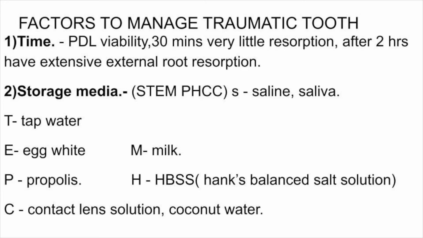Milk is the best storage media due to its near pH of 6.5 to 6.8 and osmolality, which is conducive for cell survival. Physiological saline and saliva are the other storage media. Important storage media: milk, HBSS, saline, saliva.